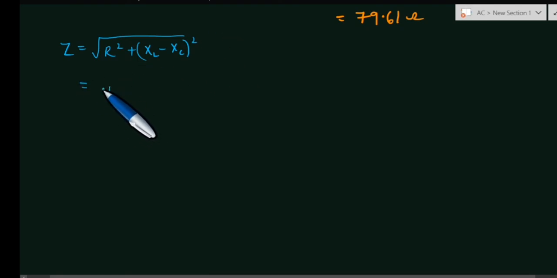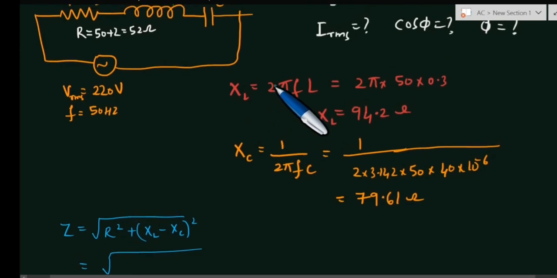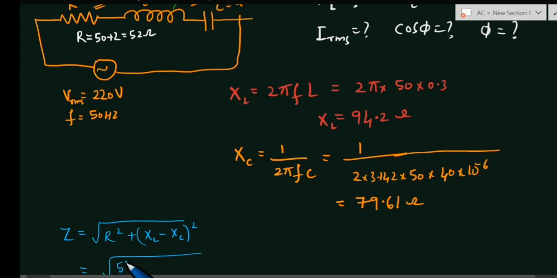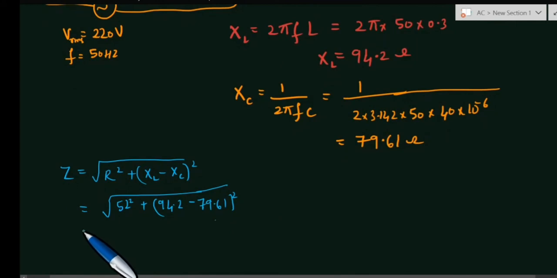So this is equal to the R value, that is 52 square, and the value of XL is 94.2 minus XC is 79.61 whole square, and the value of Z comes out to be 54 ohm. So this is the value of Z.